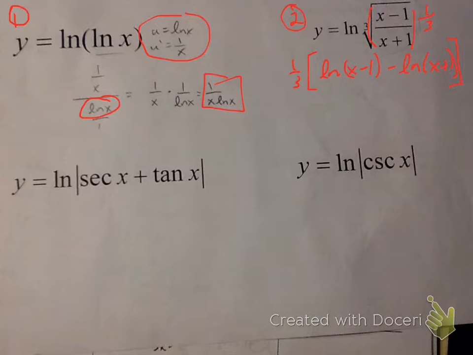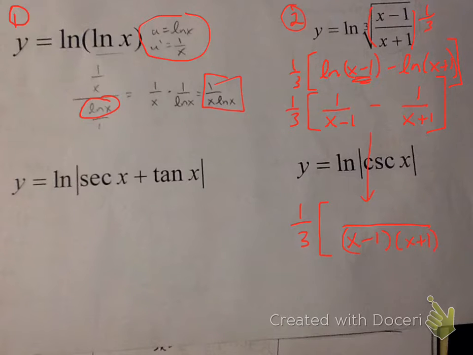And so then you can just take the derivative of each individual part. Natural log derivative is u prime over u, and u prime is 1. So 1 over x minus 1, and then minus 1 over x plus 1. Find a common denominator, which would be x minus 1 times x plus 1.